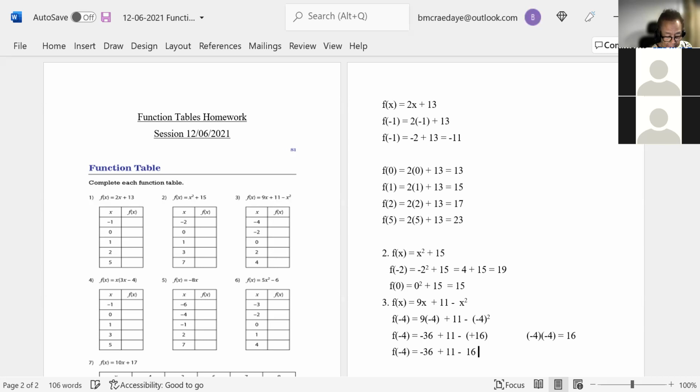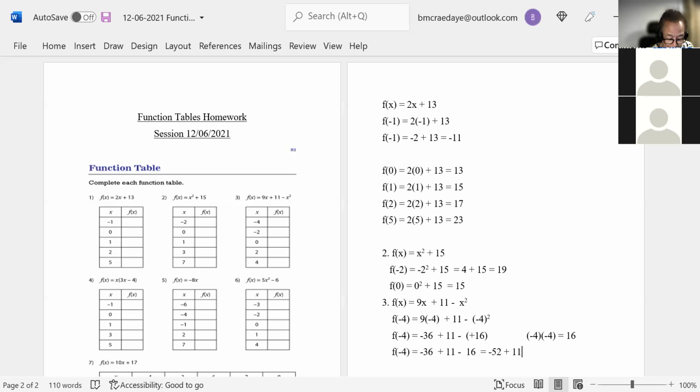You add them. When they're the same, you add the negatives just like you add the positives. So this would be equal to a minus 52. That's adding the minus 36 and the minus 16 and a plus 11.